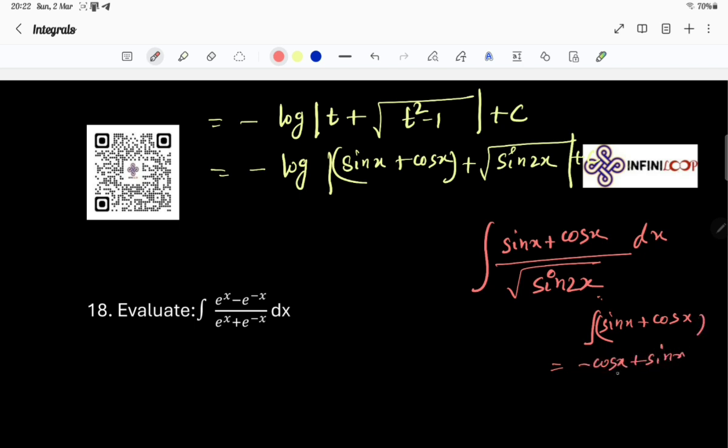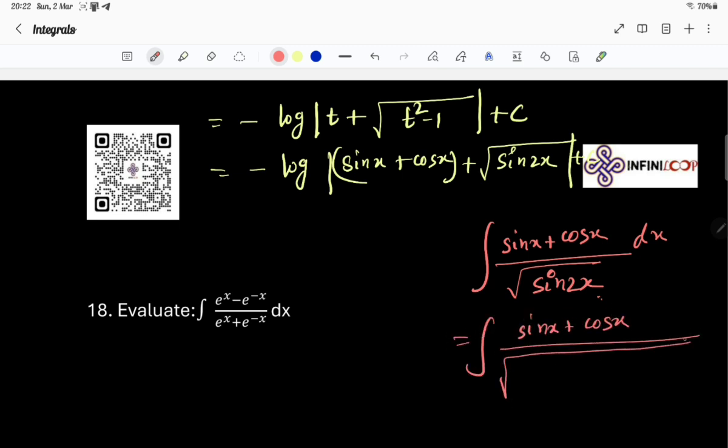So basically sin x minus cos x you are trying to make in the denominator. So how to make sin x minus cos x in the denominator, so that you will take this as t and you will get the numerator function? How? Sin x minus cos x. Can I write the denominator sin 2x as square root of (sin x minus cos x) whole square function?